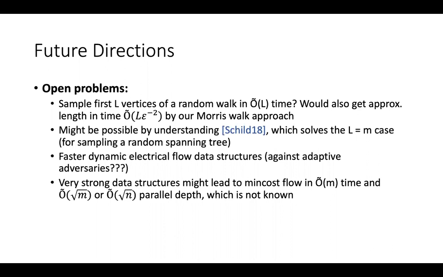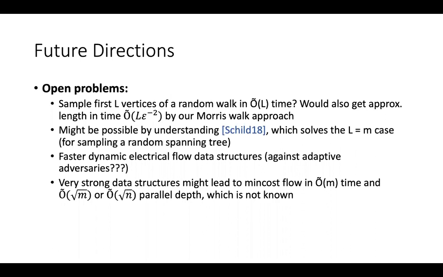The reason why I think this might be possible is because the algorithm of Schild solves the case L equals m with a fairly complex algorithm, where the goal there was to sample a random spanning tree. So I'm wondering if using ideas from that can allow us to sample a random walk starting at v that hits L distinct vertices in time proportional to Õ(L).